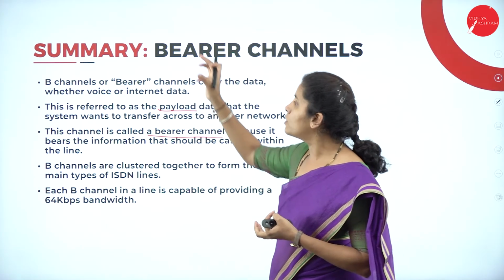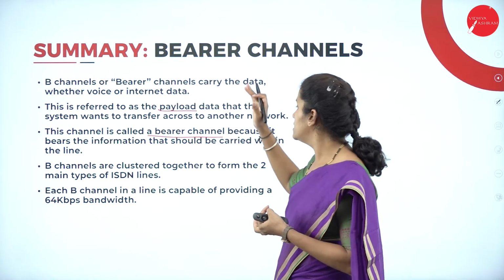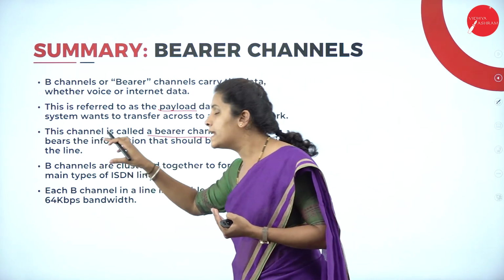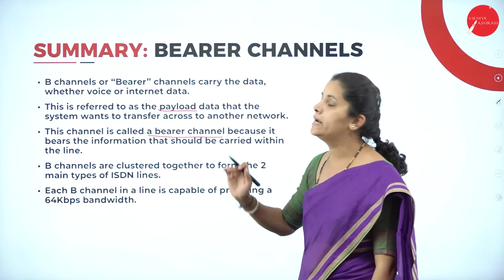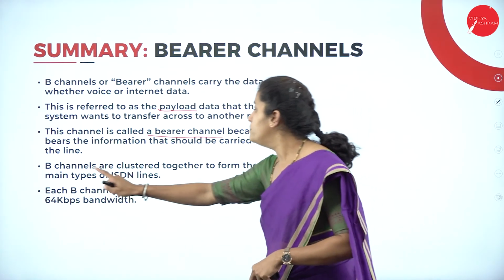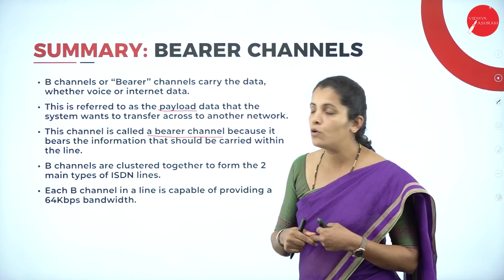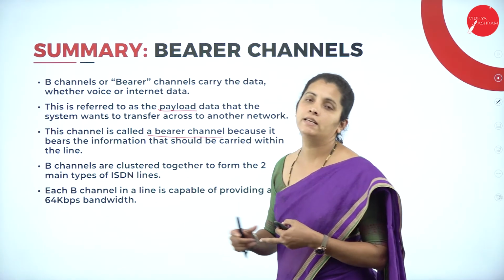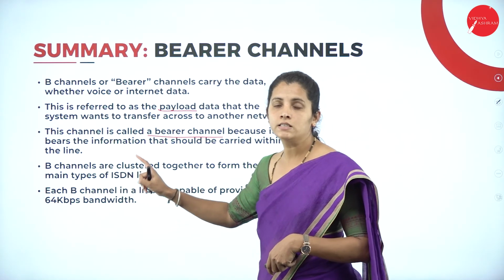So whatever data we are going to transfer must be within the line. So here the B channels are clustered together to form the two main types of ISDN lines, and each B channel in the line is capable of providing 64 kilobits per second bandwidth. That means in B channel the data transfer rate is 64 kilobits per second.